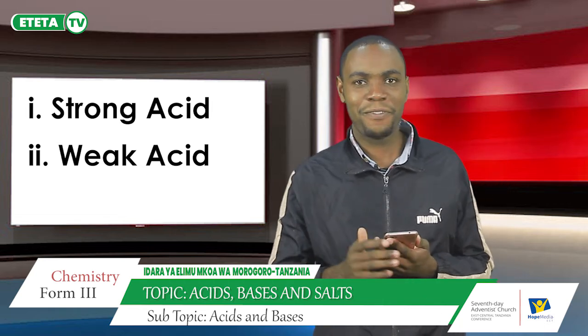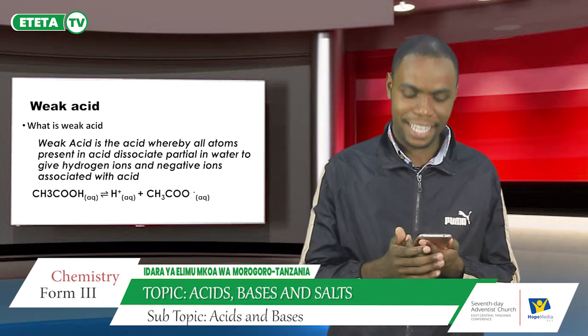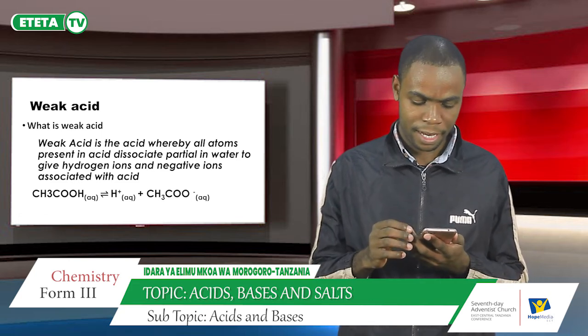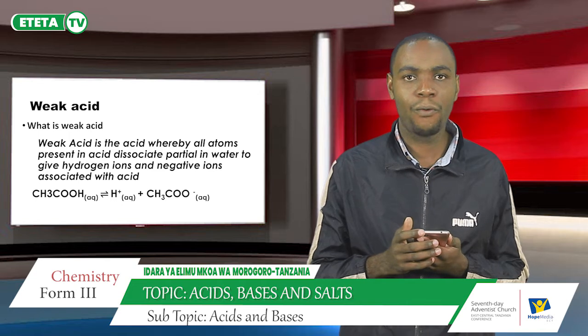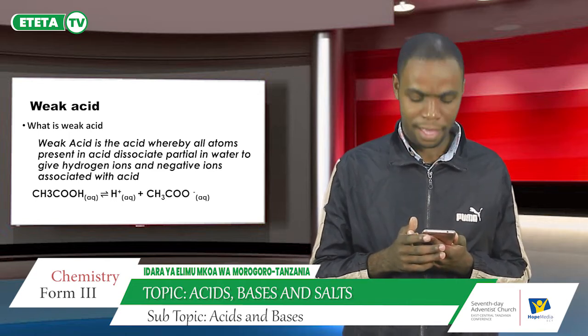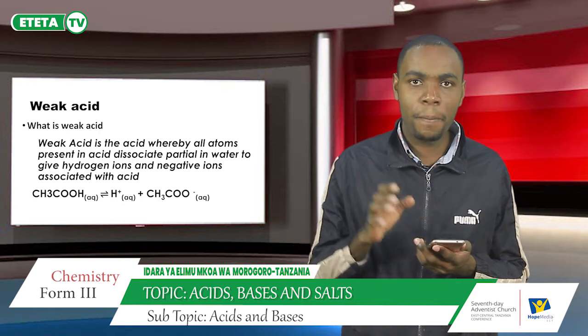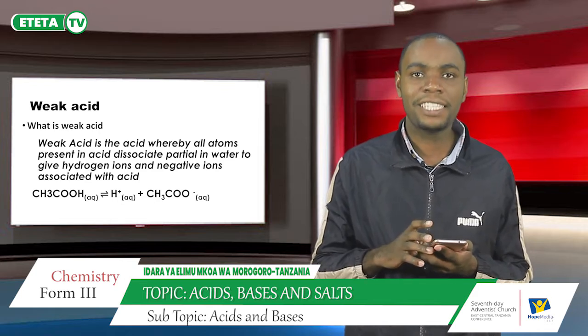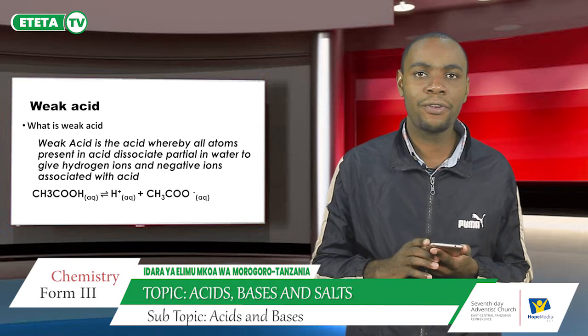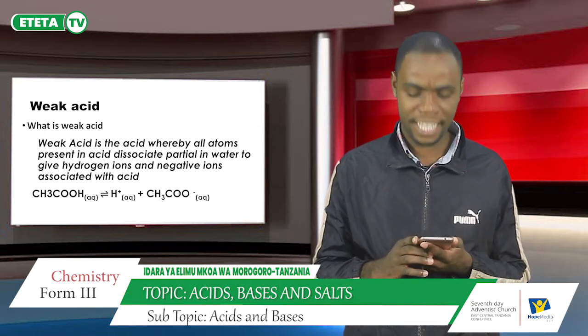Very good. By definition, you can say a weak acid is an acid whereby all atoms present dissociate partially when dissolved in water into hydrogen ion and a negatively charged ion.